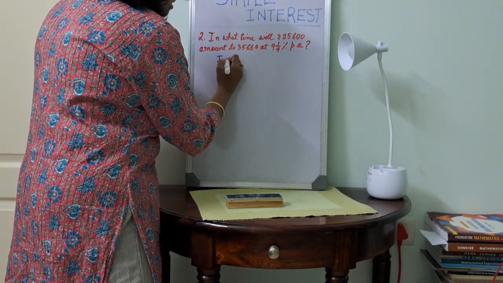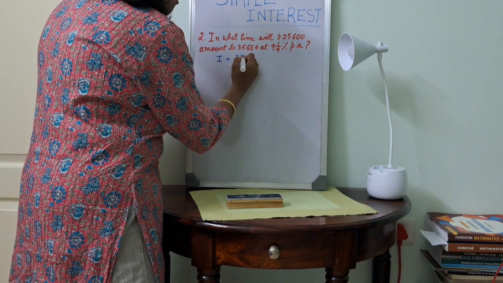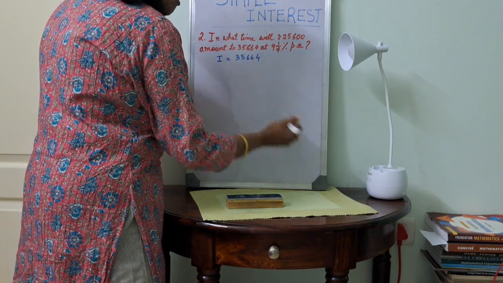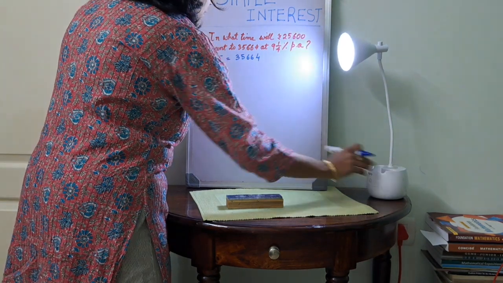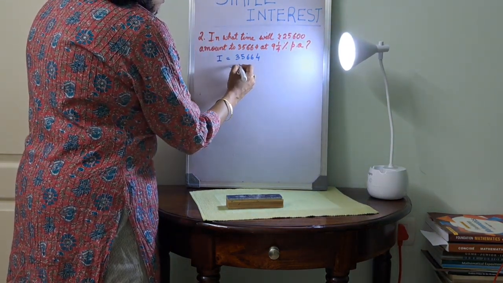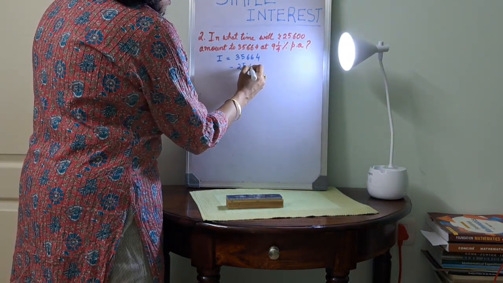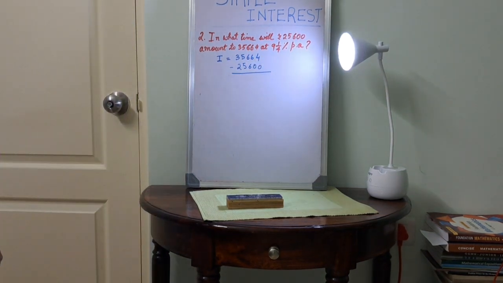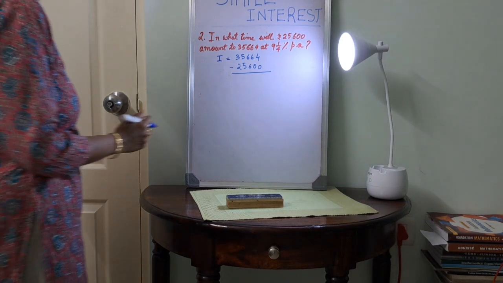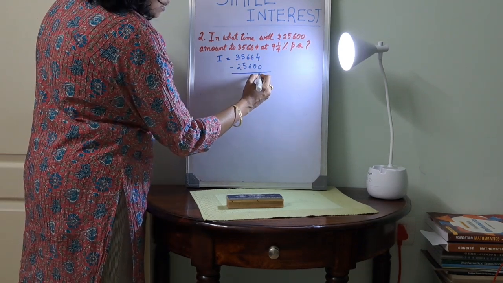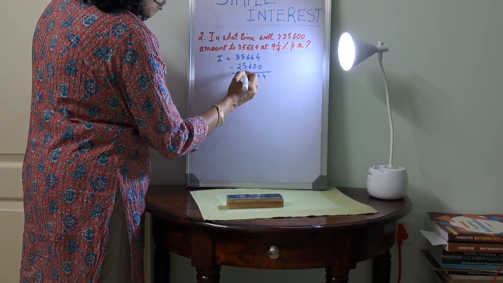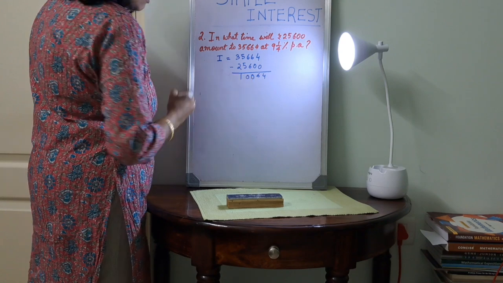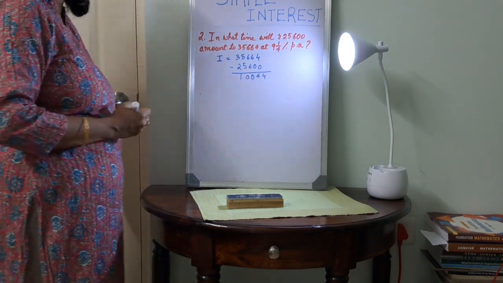So interest is equal to 35664 minus 25600. So subtract this. 4, 6, 6 minus 6 is 0, 5 minus 5 is 0. So 10,064 is the interest.